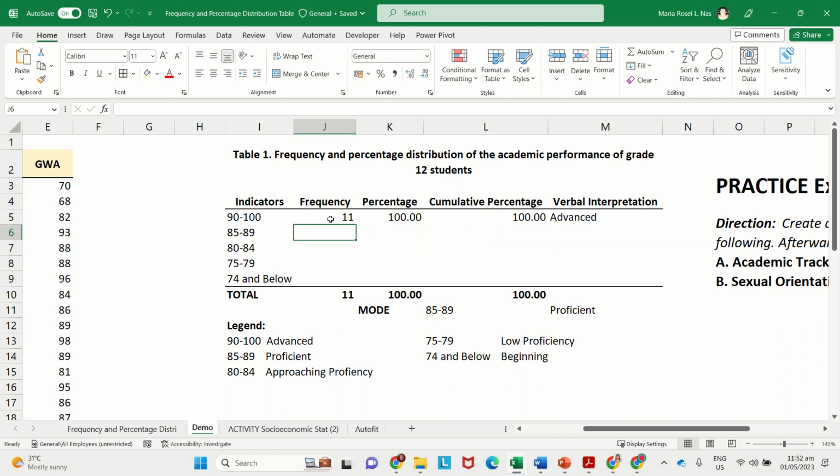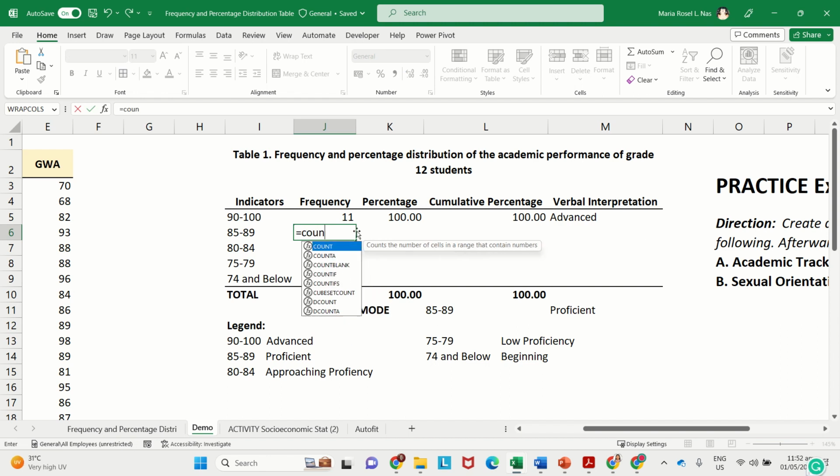Let's apply the COUNTIFS method in our second indicator, which is from 85 to a grade of 89. To do that, we have the equal sign followed by the function name, COUNTIFS, and then open parenthesis, then select the criteria range, the range where we would like to count.